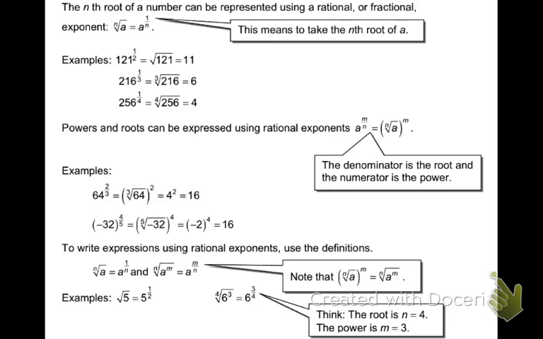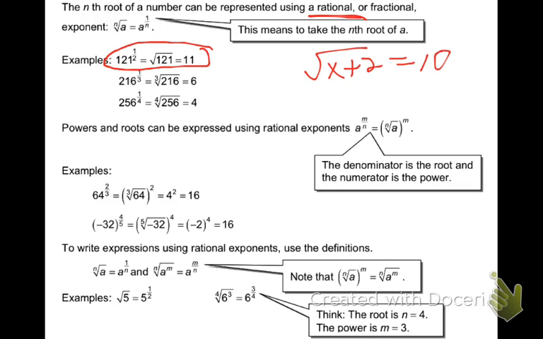Okay. The next part here, we're going to talk about rational exponents now. We have talked a little bit about rational exponents already when we did solving them. Remember, a rational exponent is the same thing as a radical. For instance, we had problems like the square root of x plus 2 equals 10. And we always talked about what undoes a square root, a square.